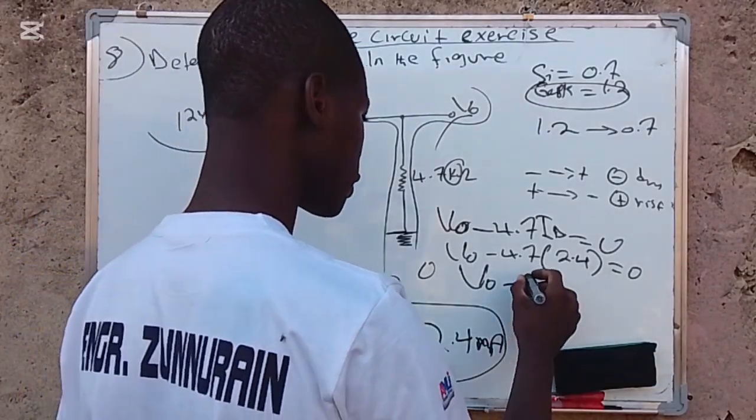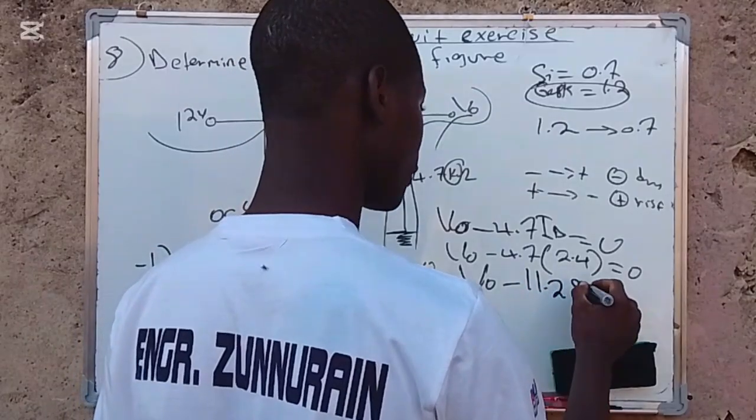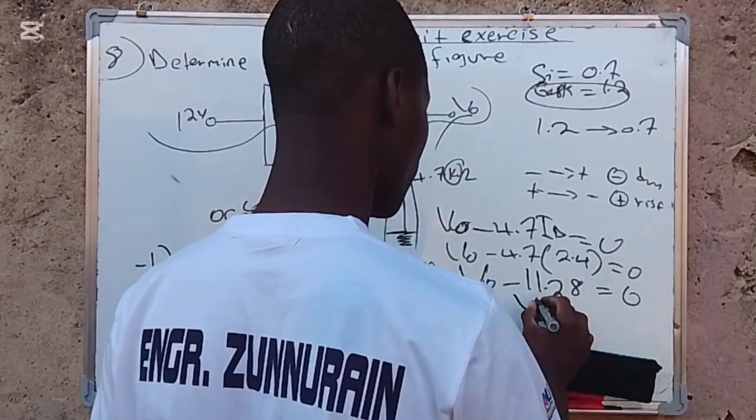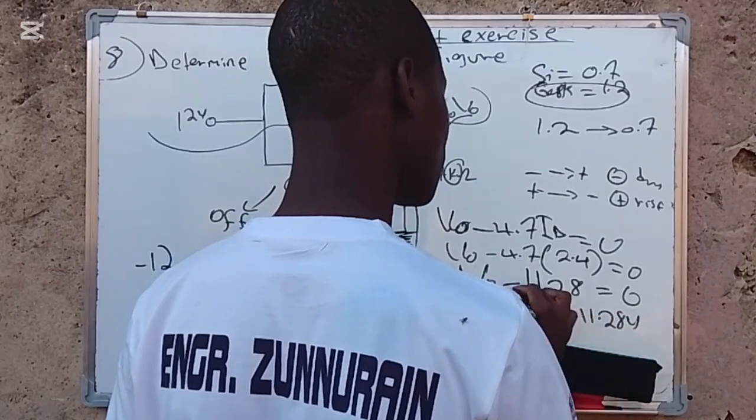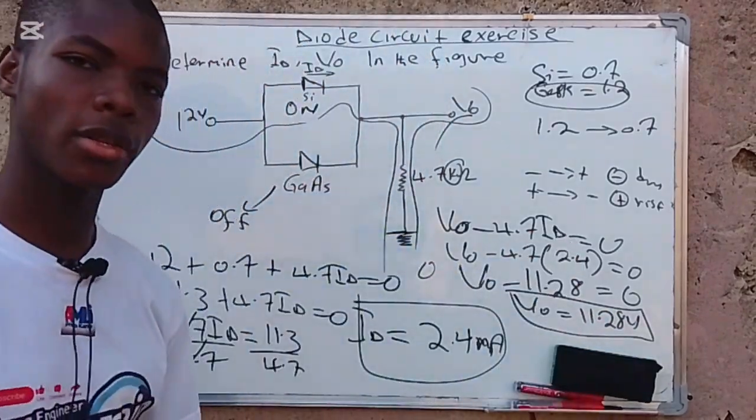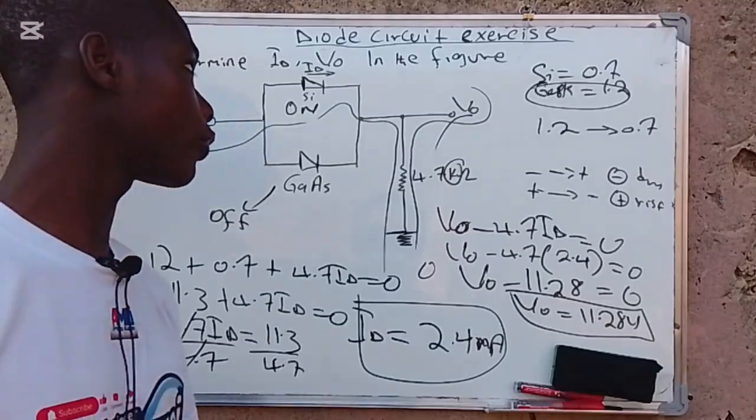So this should now be equal to minus 11.28, which is equal to 0. So therefore V naught should now be 11.28 volts.